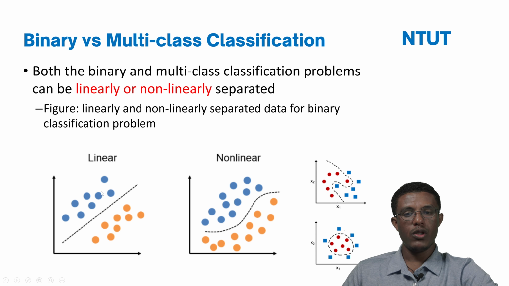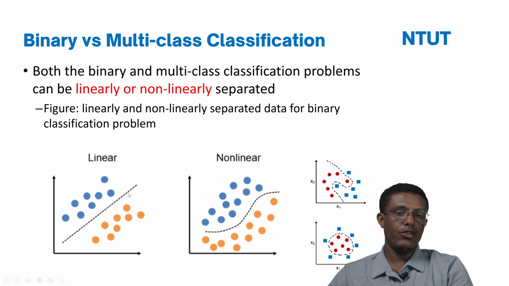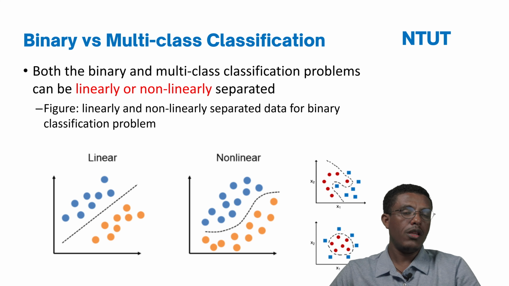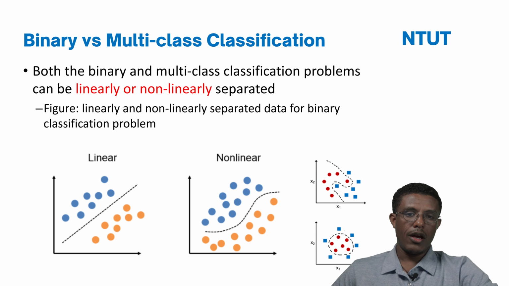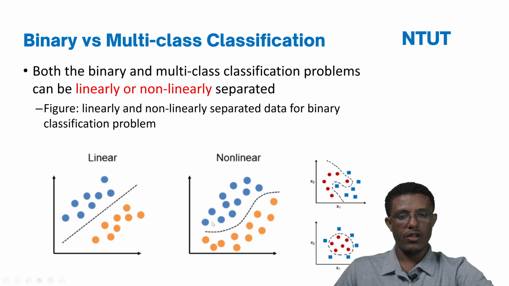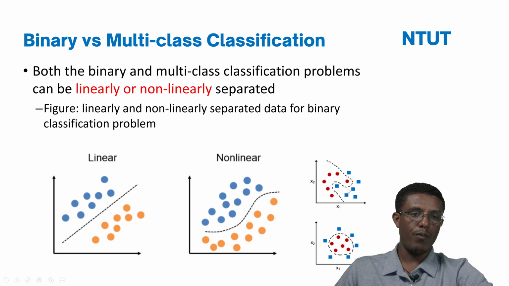That means to separate the two classes we only need linear lines, so the data is easy to separate using a straight line. This case is non-linear, because to separate the two classes we need a line that is not straight. And this one is an even more complex non-linear case.